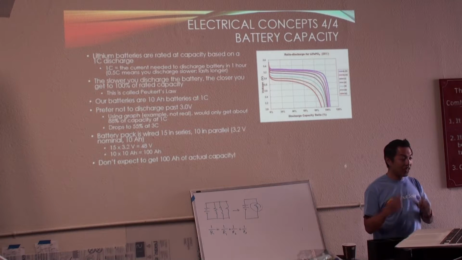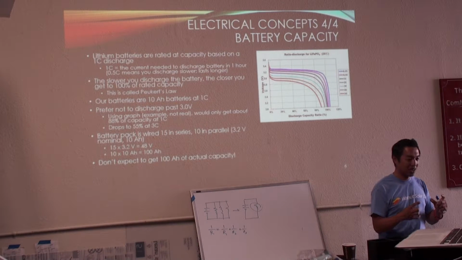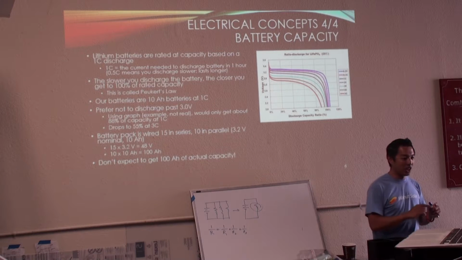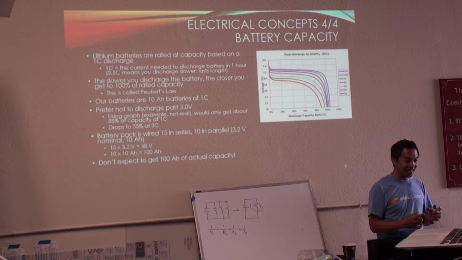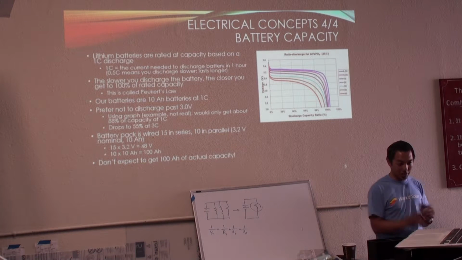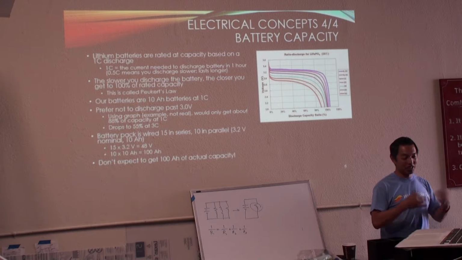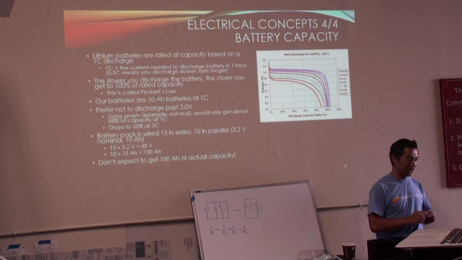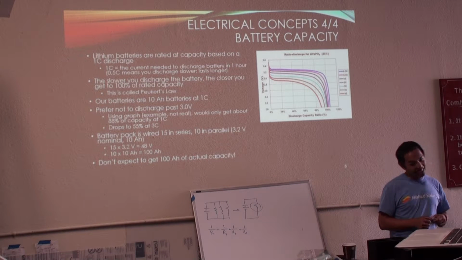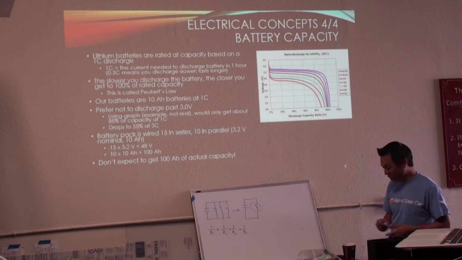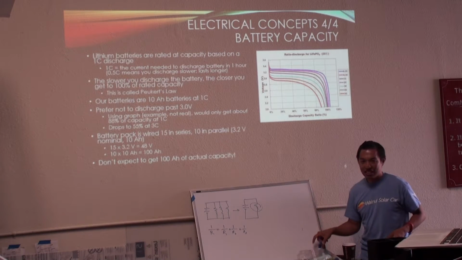Okay. Then we take these bricks and what do we do with them? We wire them in series. When we have a 3.2 volt nominal and you wire them in series, how many times? 15. So how much voltage results? 48. Exactly 48. 3.2 times 15.